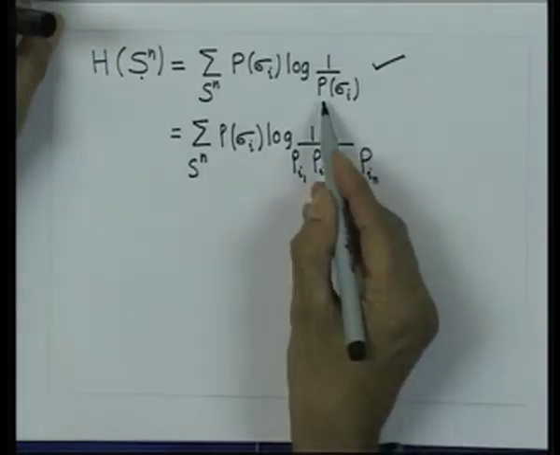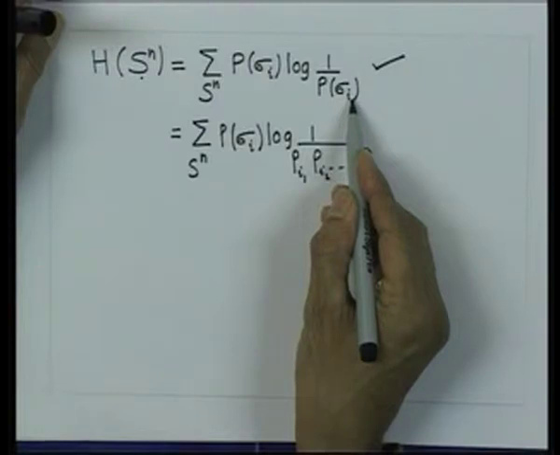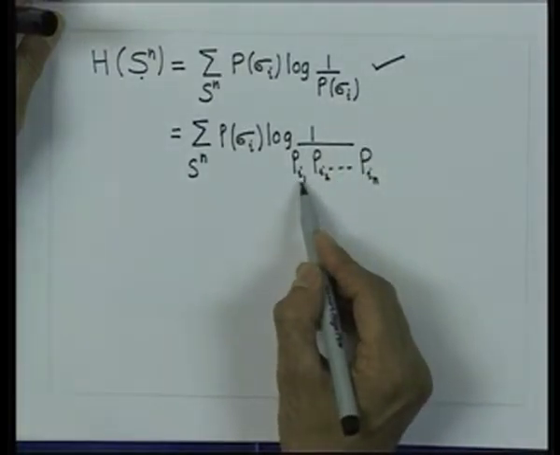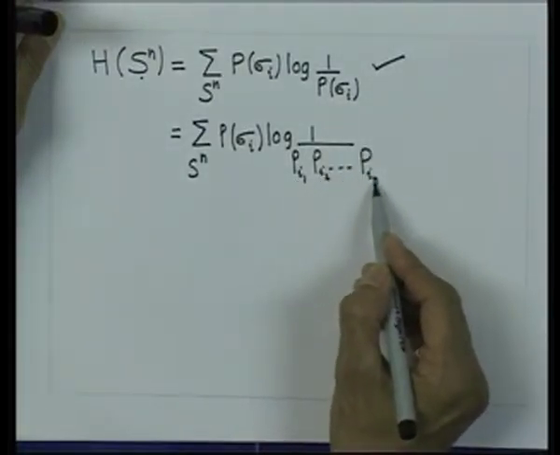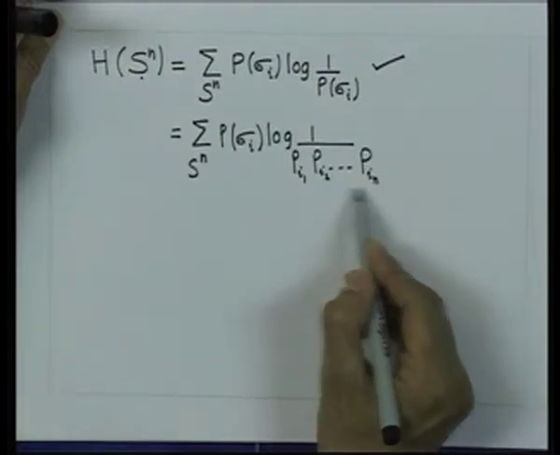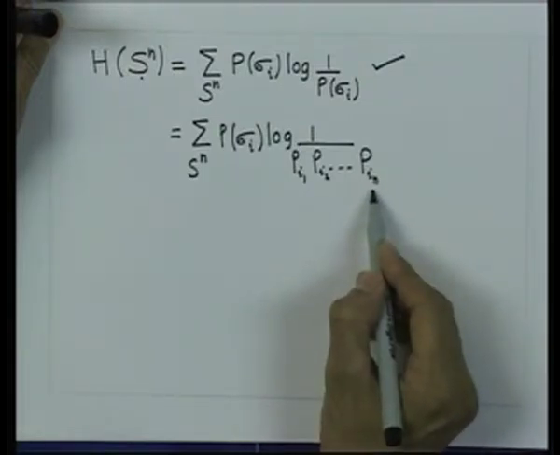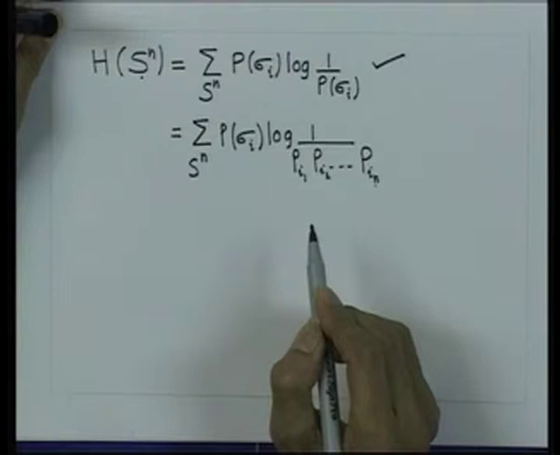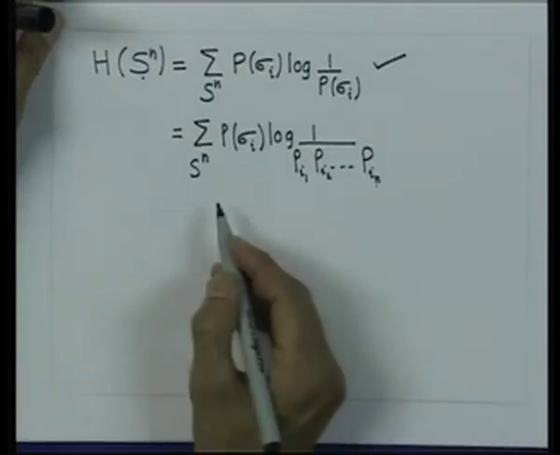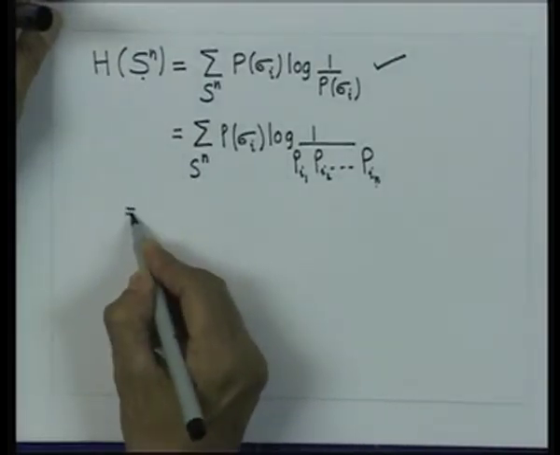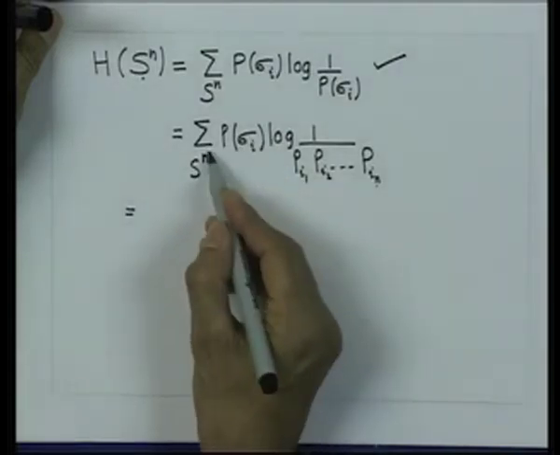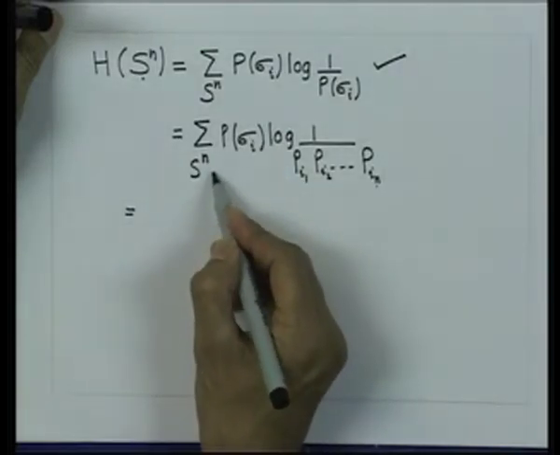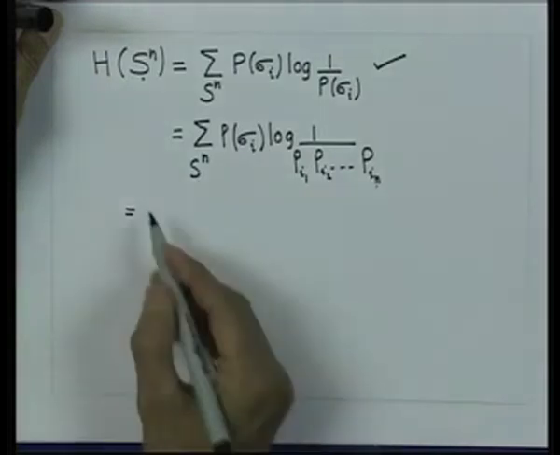I write probabilities of sigma i as nothing but probabilities of i1, i2 up to in. When I am writing this, I am assuming that the symbols in that sequence are independent. Now, this summation is over the source alphabet S^n.